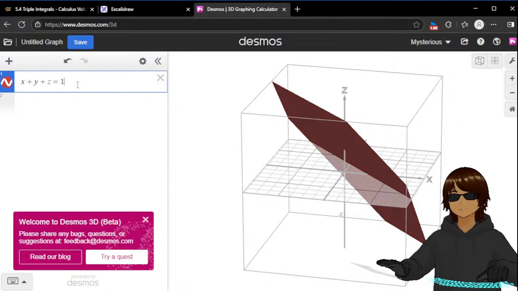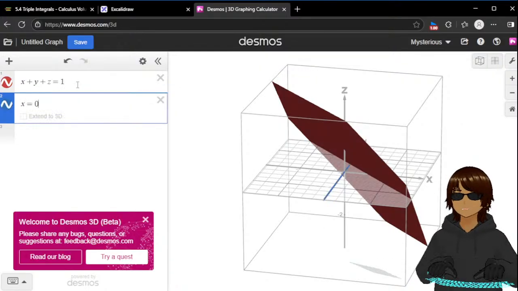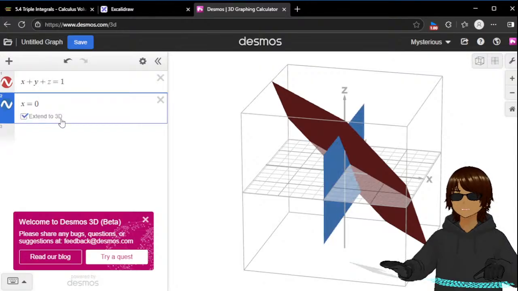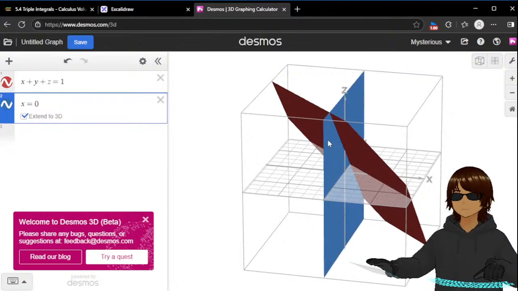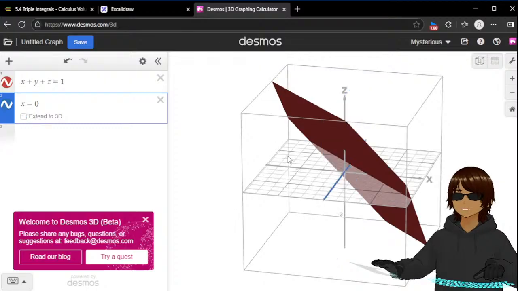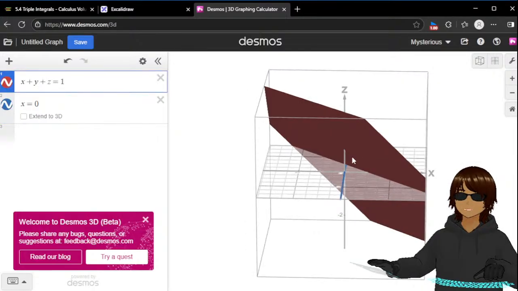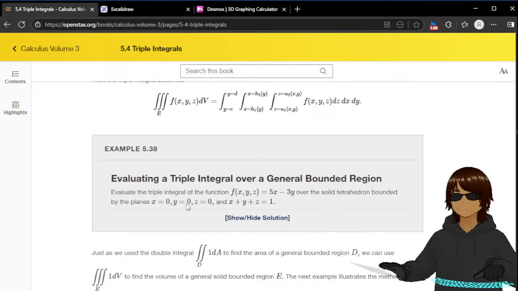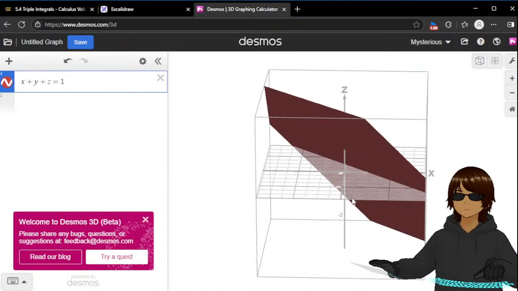So all of this is x equal to 0. Okay, they mean bounded by the yz plane, xy plane, and then the xz plane. So this tetrahedron inside over here. But it's not clear to me what they want. They want to integrate this function, which is defined in this bounded box.